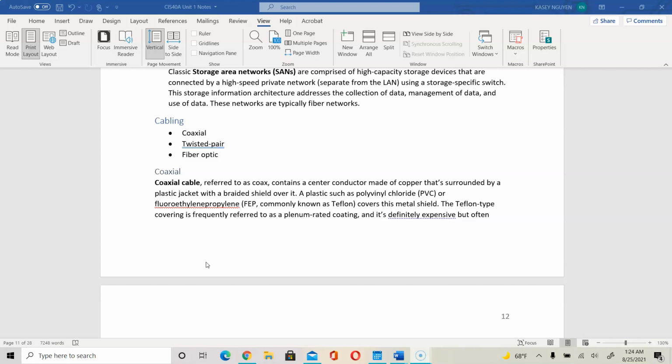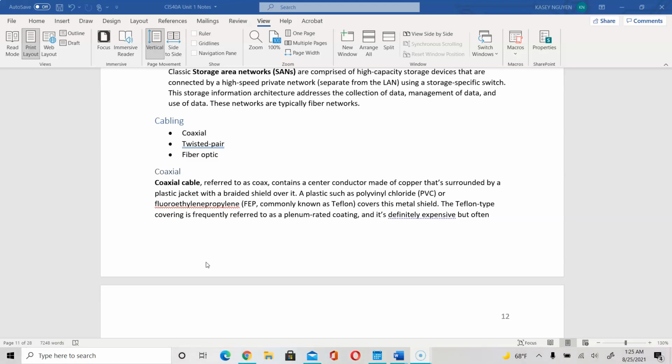Coaxial, this is what you normally see, especially when you work with a cable company like Frontier, Spectrum, etc. It would be the cable that has a center core that looks like a needle.